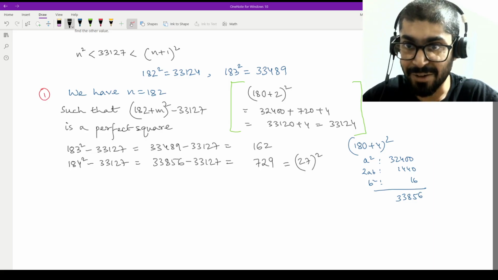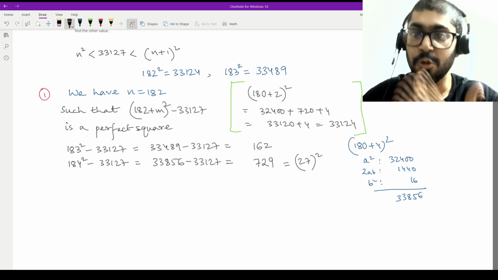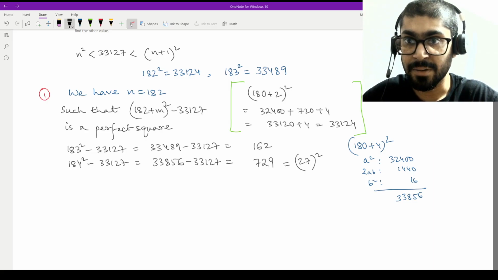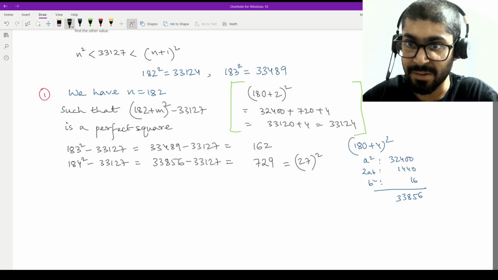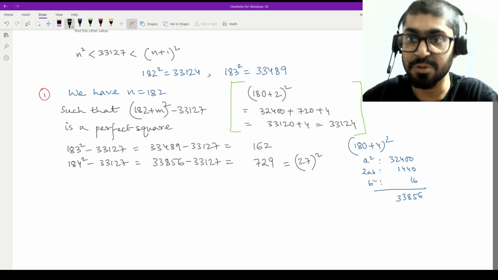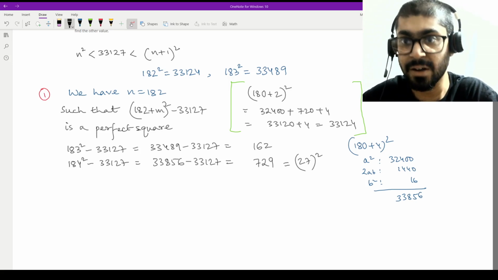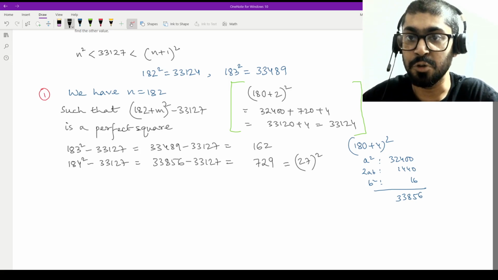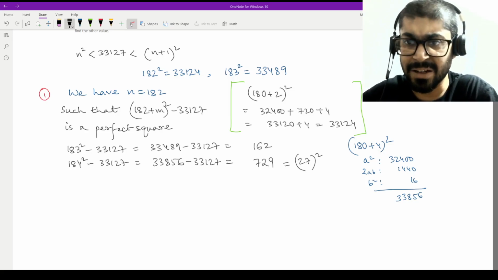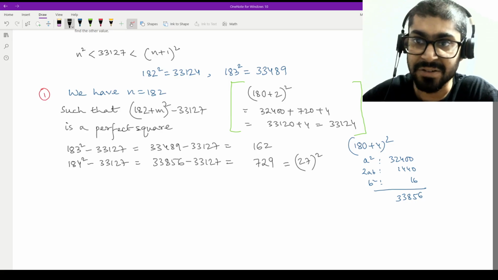So 4 to the power 5 will give you 1024, and 4 to the power 6 would give you 4096. If you want, you can remember that, otherwise it's fine. For 5, remember up to 625, and then into 5 is 3125, alright?